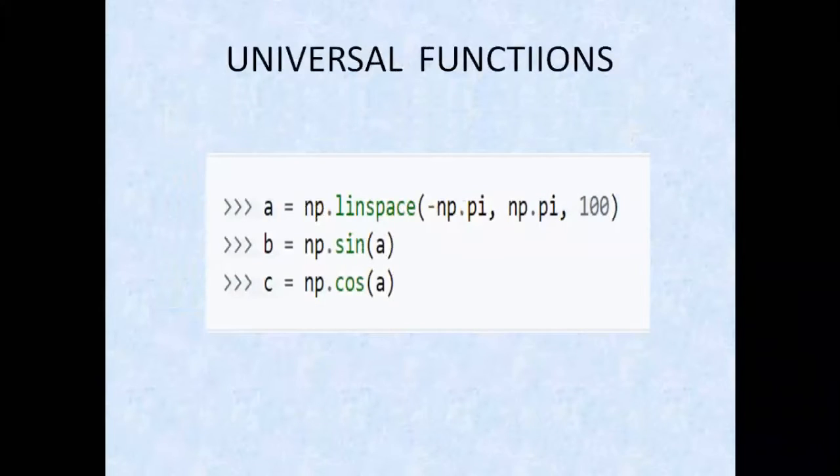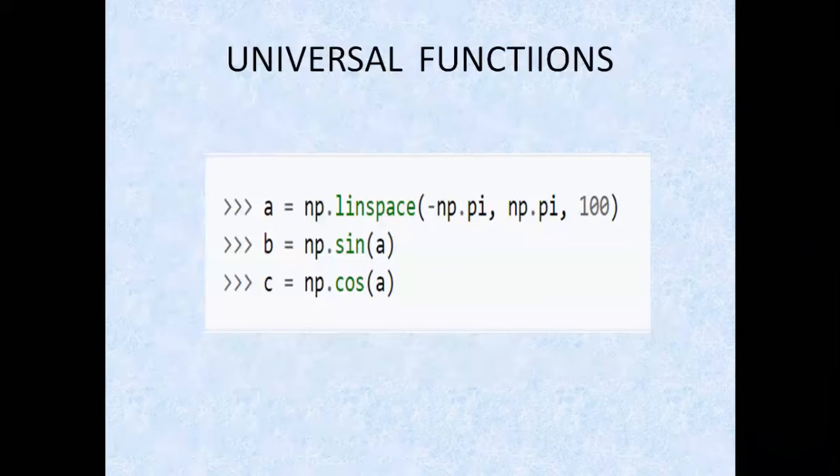So what are the universal functions? For example, there are so many inbuilt functions available in NumPy, and one of those functions is linspace. It separates the two boundaries you give into as many values as you want. The linspace syntax takes the starting value, the end value, and the number of subintervals.